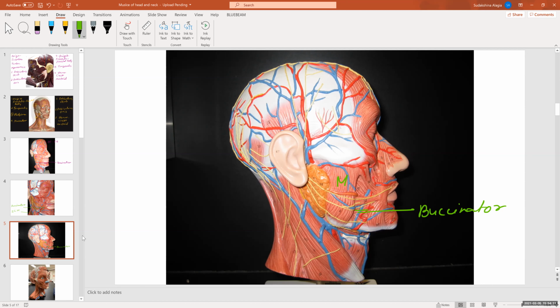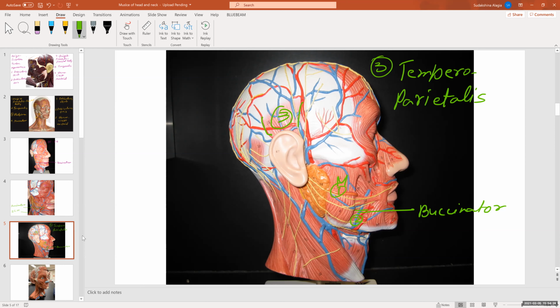Here we can see something else. You can see masseter, buccinator, and number 3, this. We see temporoparietalis. This here, below the temporalis.